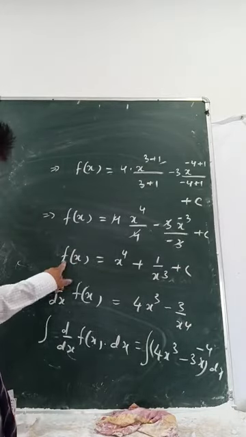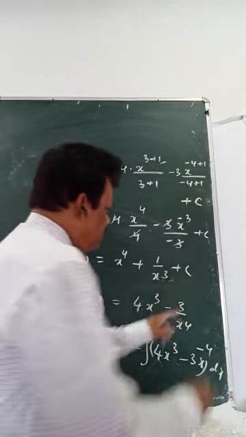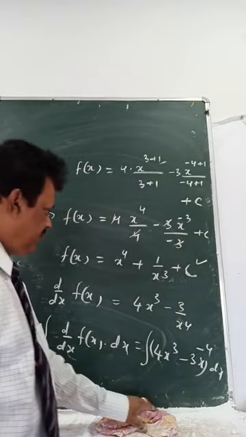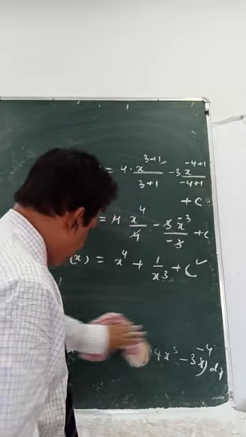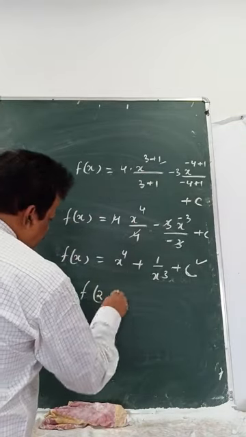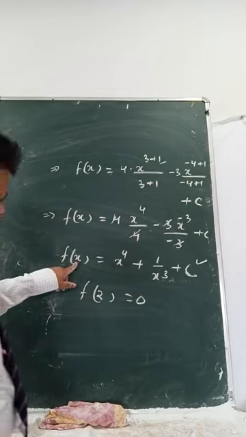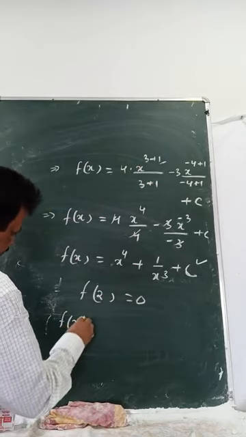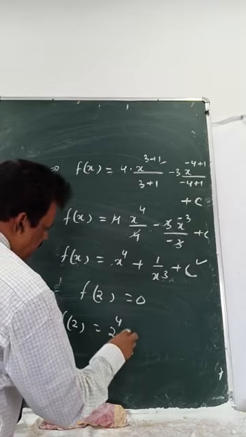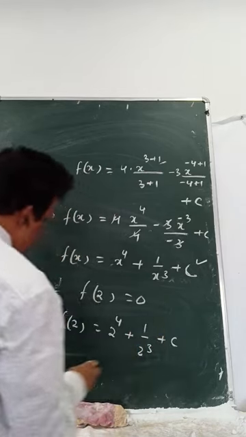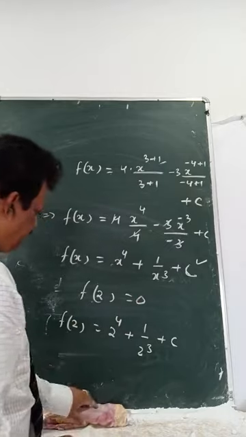You are asked to find f(x), but because of this c, what is the value of c here? For that you are given a relation here: f(2) equals 0. That means in place of x you put 2. So f(2) means 2 to the power 4 plus 1 by 2 cube plus c. What is f(2)? Then 0.